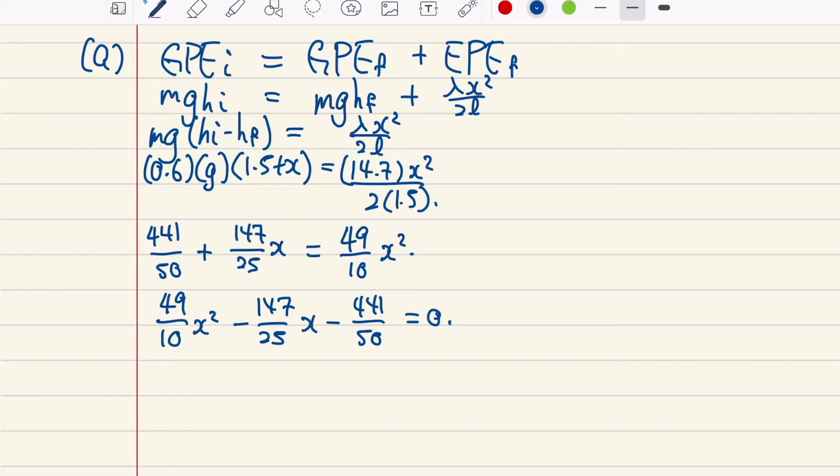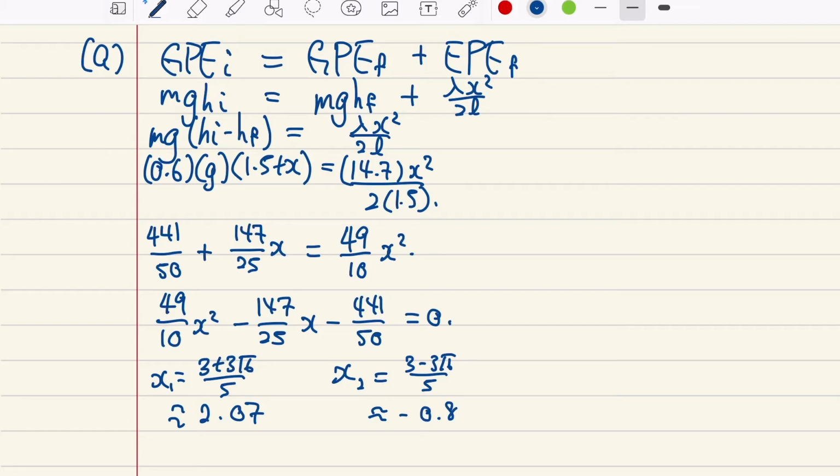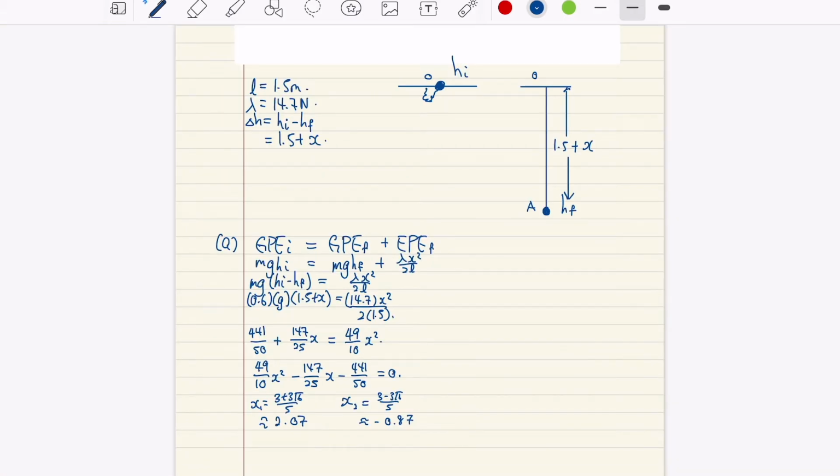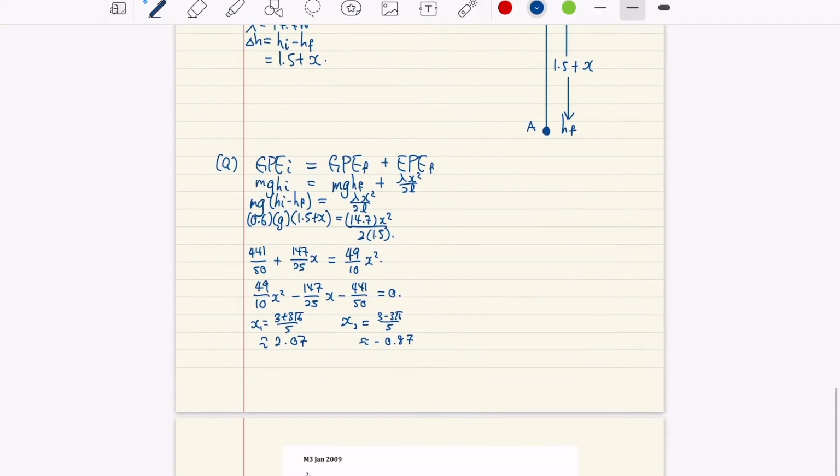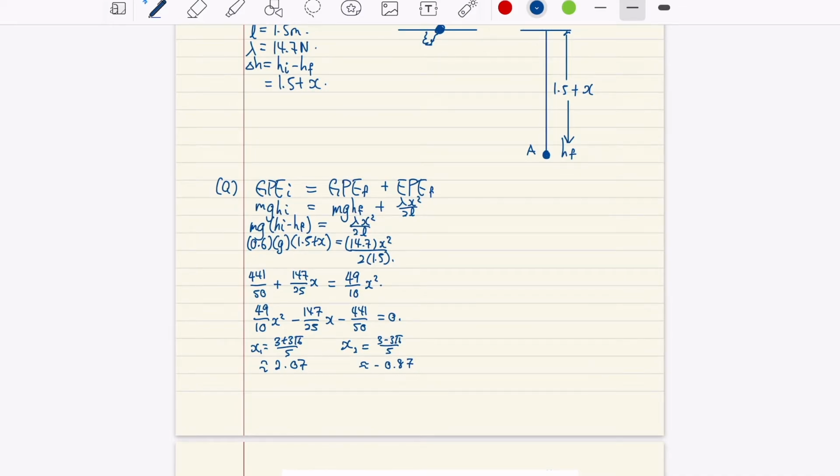There will be two values: x equals (3 plus 3 square root 6) over 5, approximately 2.07, and the other, x2, is (3 minus 3 square root 6) over 5, approximately minus 0.87. There are two values here, but we should have one answer only. So which one makes more sense? Let's think about it.